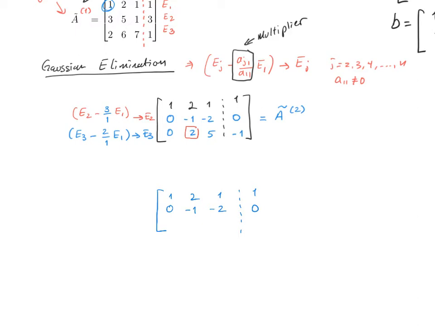So the operation is going to be E3. Remember, you need to use this one to get a 0 there. That's equation 2. So this is going to be minus, and then this is going to be 2 over -1 E2. And whatever you get, just put it in E3.